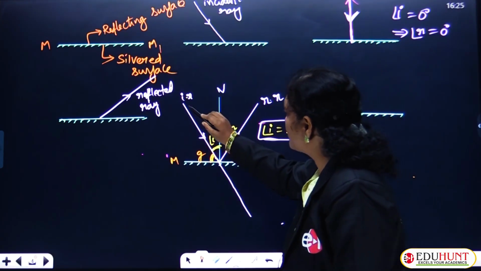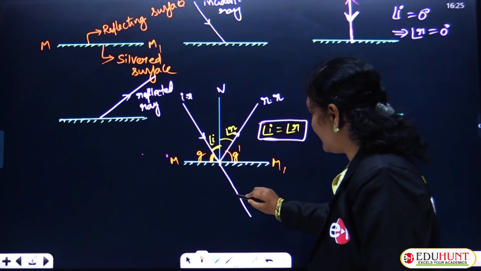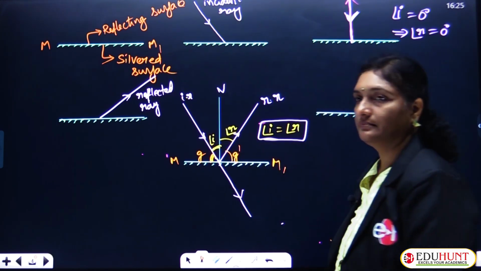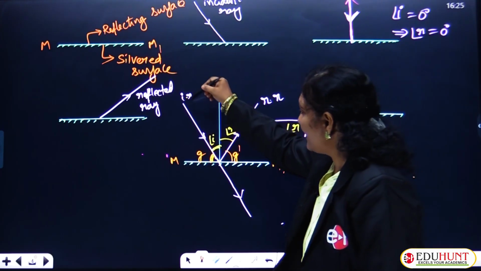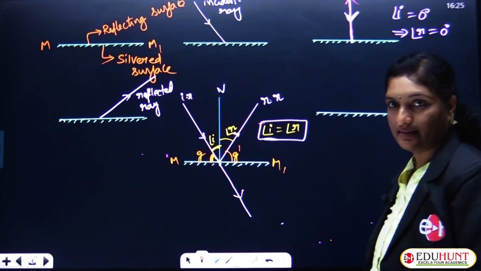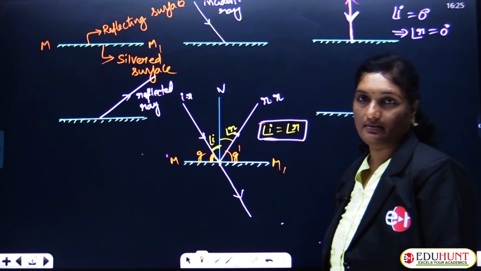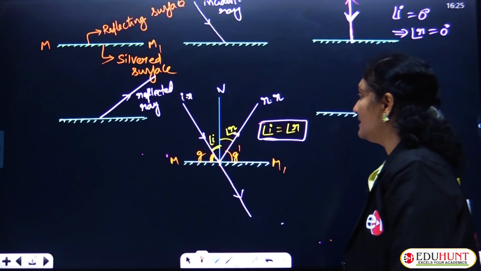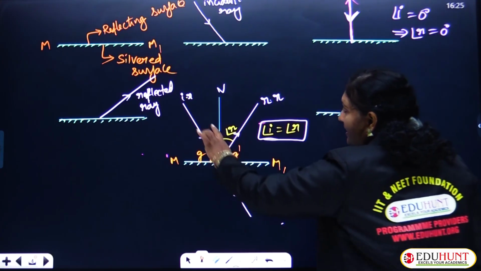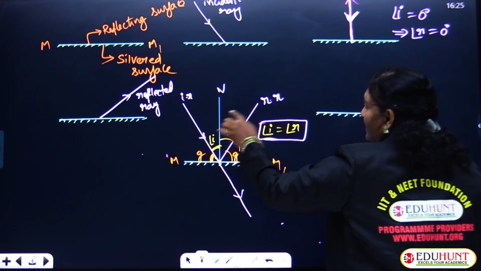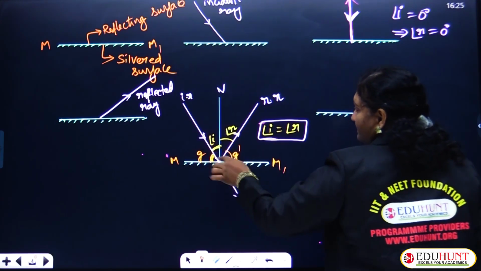The light ray actually has to pass straight ahead like this. But instead of going straight, because of this separating surface between the media, the light ray is taking this path.